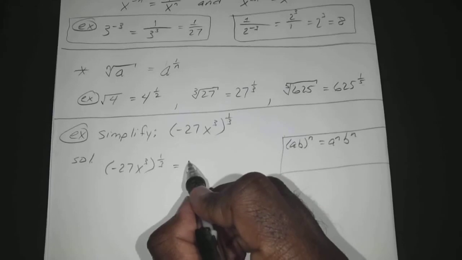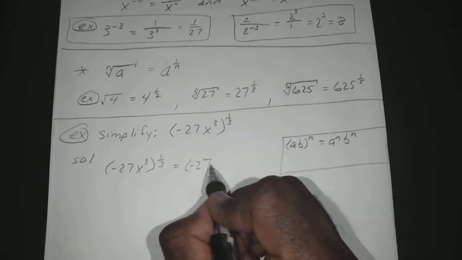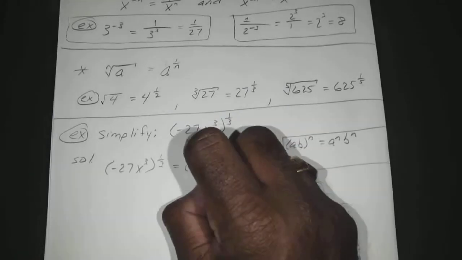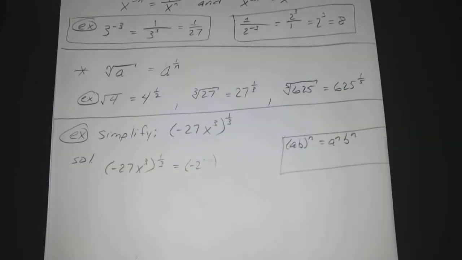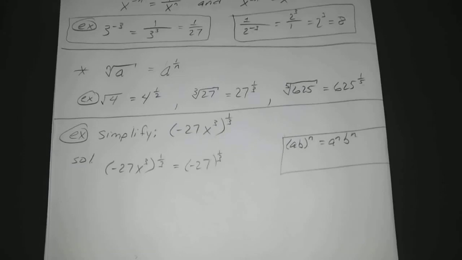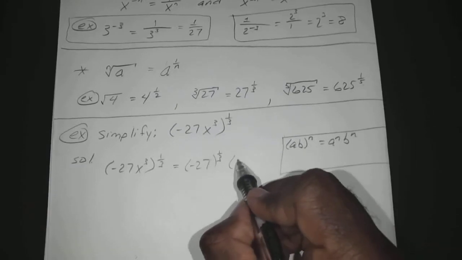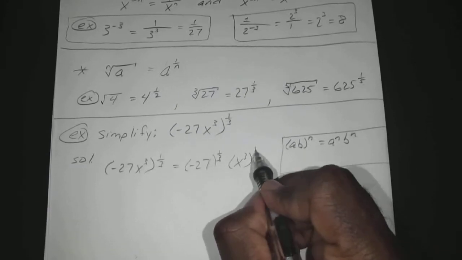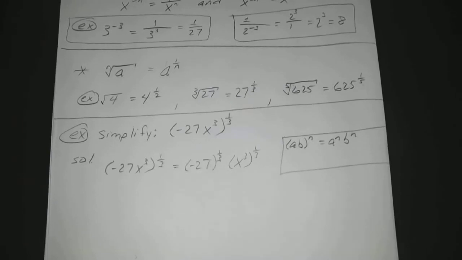So that's going to equal negative 27 to the 1/3 power times x to the 3rd to the 1/3 power. So all we did was distribute our exponent.